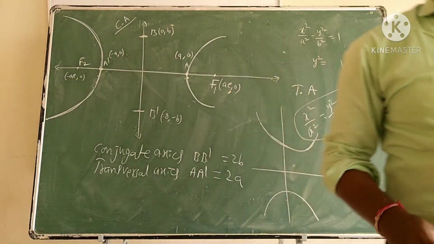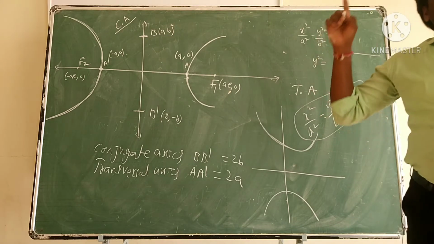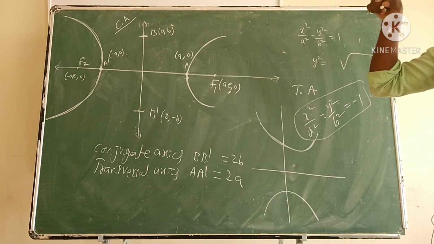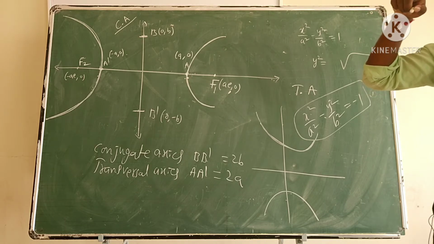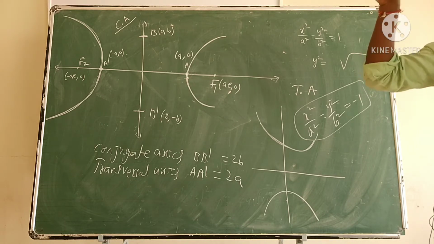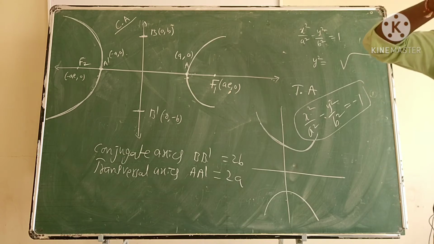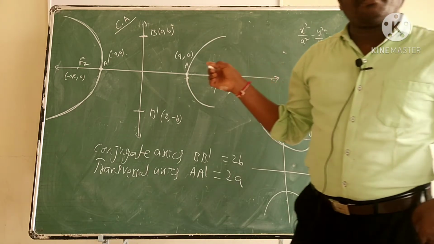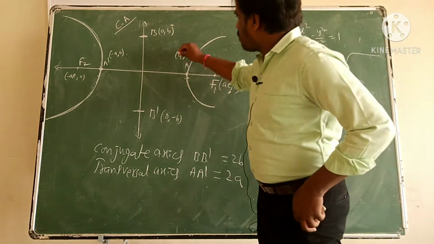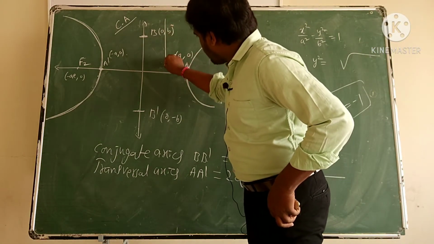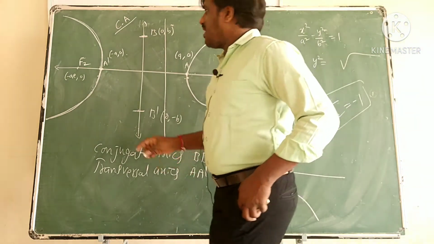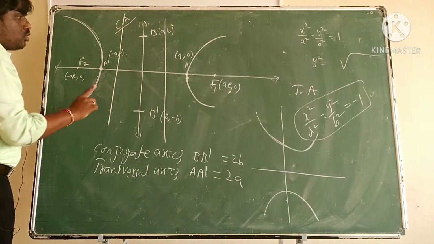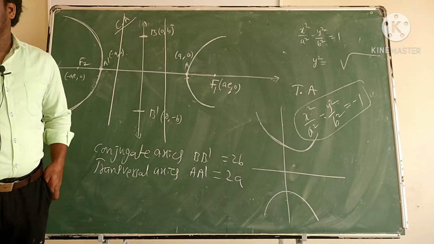And listen here. You have a directrix in the parabola, and in the ellipse you have a directrix line. In the hyperbola also you will have a directrix here, and one more directrix for this one will be here. Two directrices will be there.